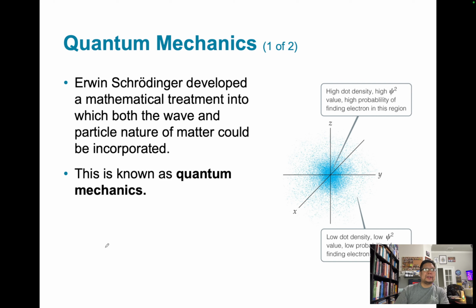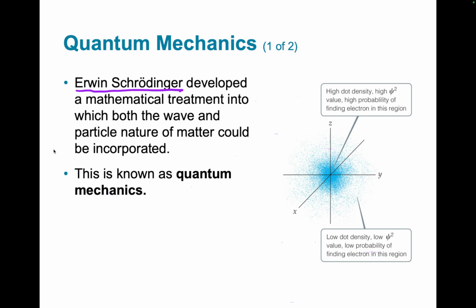So that takes us into quantum mechanics, right? Quantum mechanics was pioneered by a guy named Erwin Schrödinger. And actually, let me take myself off the screen here so you can see the whole thing. One second. Okay, there we go. Quantum mechanics really is what we use, mathematically. It was developed as a mathematical treatment for determining both the wave and the particle nature of matter, or the electron.